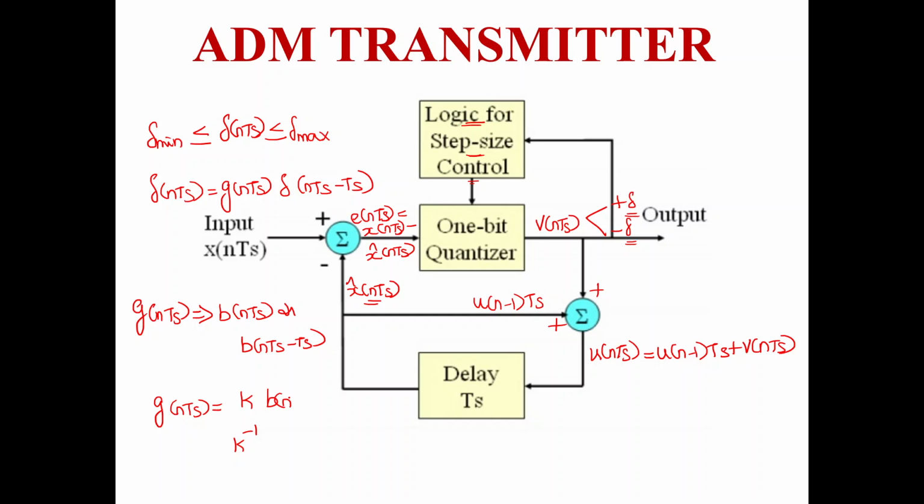It takes a scaling factor of K when b of nTs is equal to b of nTs minus Ts, and it takes K inverse when b of nTs is not equal to b of nTs minus Ts. The scaling factor K can be taken as a value of 1.5 for processing speech and image signals.